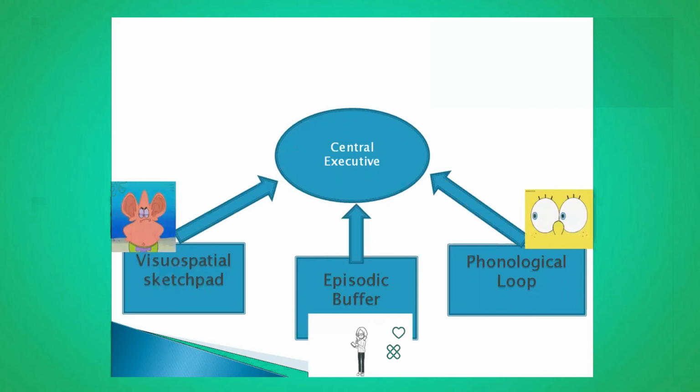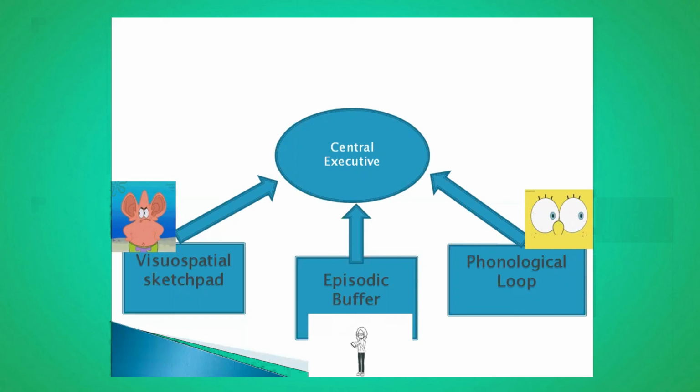And to sum it up, the working memory model explains how we use the central executive to determine which sensory information is important and which is not. We process that sensory information through the core components of the system.